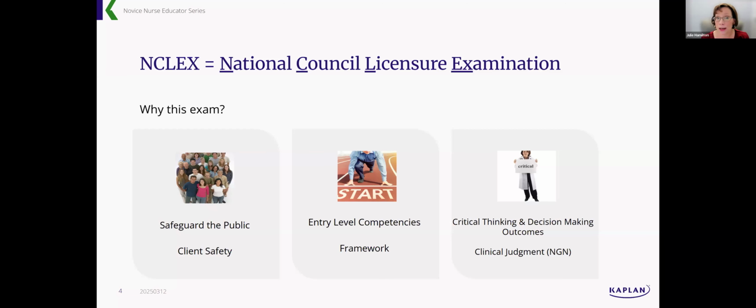We have new item types, new question types. They're case-based. So there's a case and the student has to answer questions related to that case. You want to get familiar with that because as an educator, you want to help students foster that critical thinking and make safe clinical judgments.